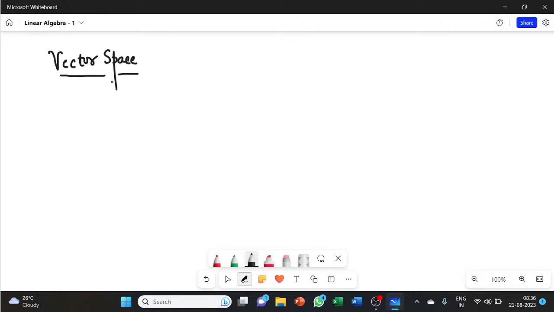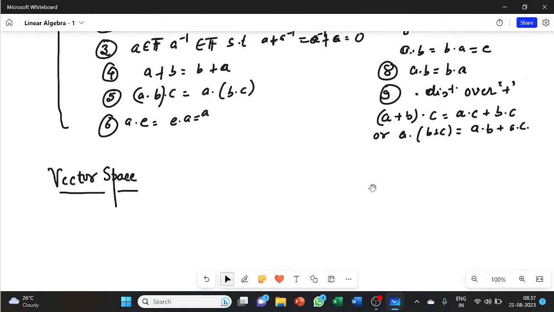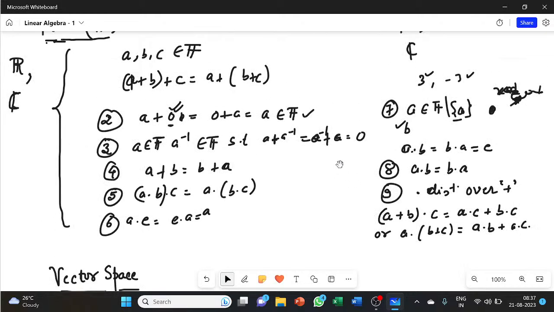Cross product, no, that's not it. See, when I'm referring to a field, you'll have all these properties. These are the properties that we are going to see for the field. This is an algebraic structure that I'm talking about right now. For example, whenever you talk of a group, a group is one of the algebraic structures.